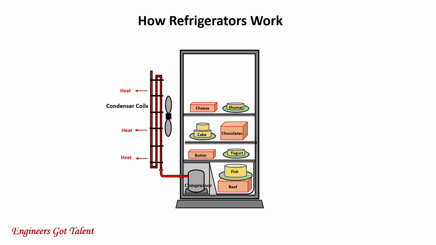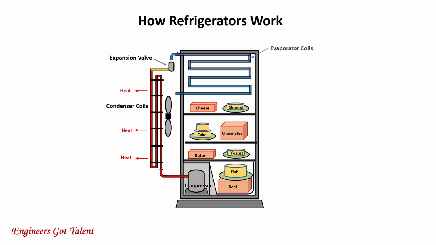The refrigerant exits the condenser and enters the expansion valve. The refrigerant enters the expansion valve or metering device at high pressure and expands or flashes into cold liquid in order to absorb heat when it reaches the evaporator at low pressure.